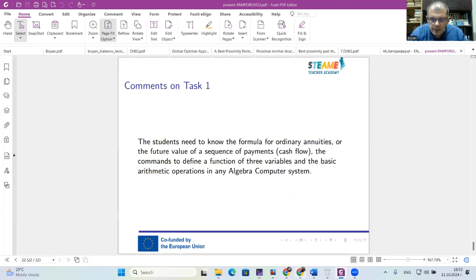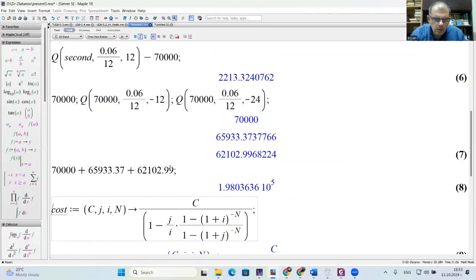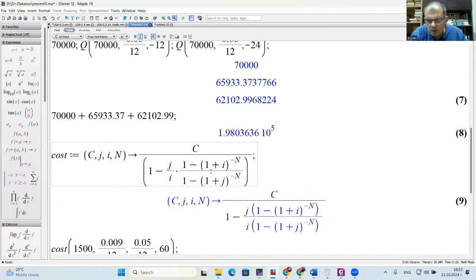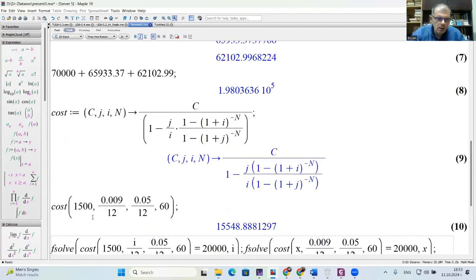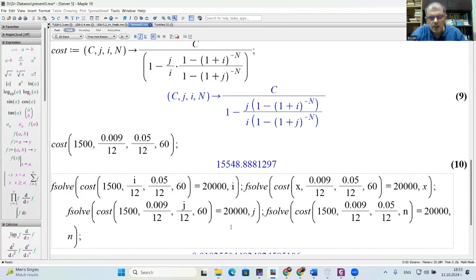Again, it is very easy using Maple to define the function and to make the calculations. Maple can solve different problems.